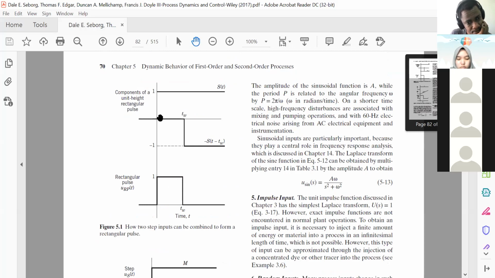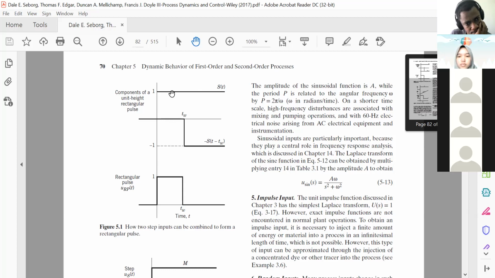One time I told you that you have two step inputs, one starting from t equals 0 and the other from t equals to t_w. However, in here he says he has two inputs also. One is the step input, but on the negative side.